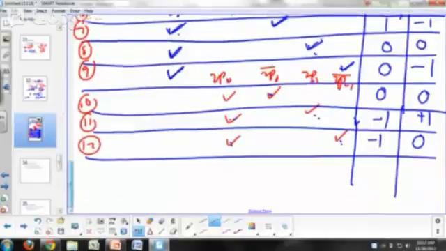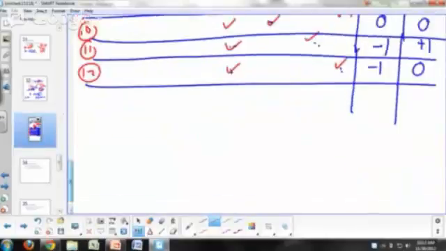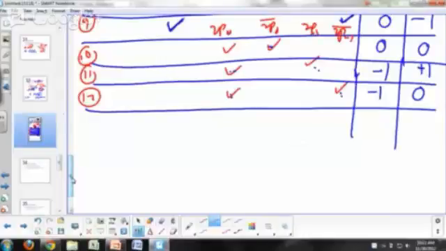How many more to go? 3 more to go. So this time we're going to do 2p 0 bar, 2p minus 1, 2p 0 bar, 2p negative 1, and finally the last one would be 2p negative 1, 2p negative 1 bar.